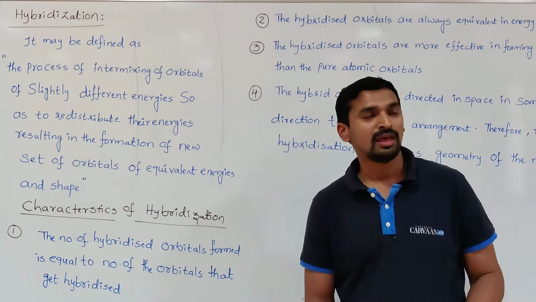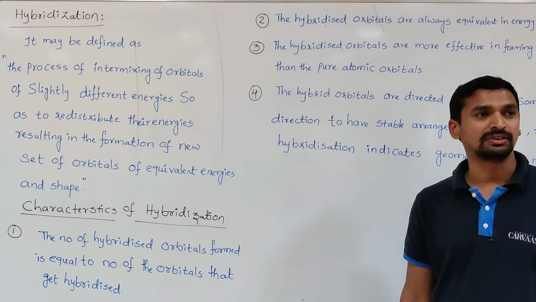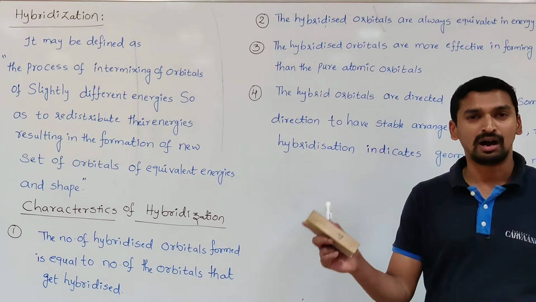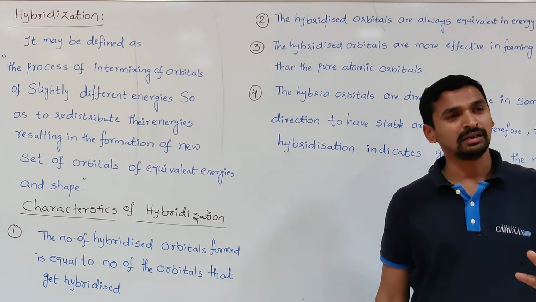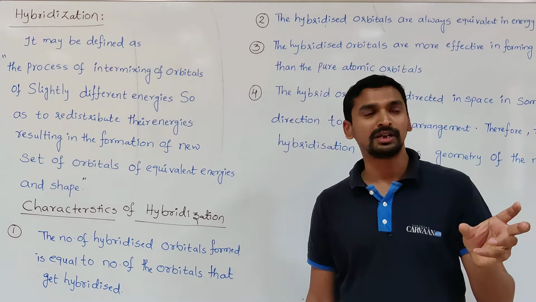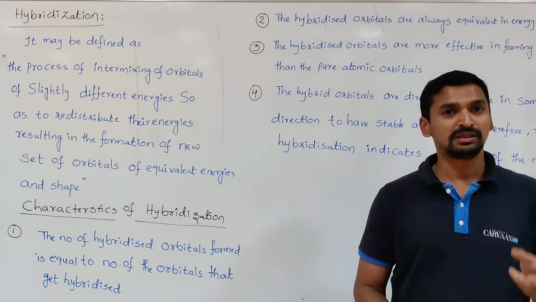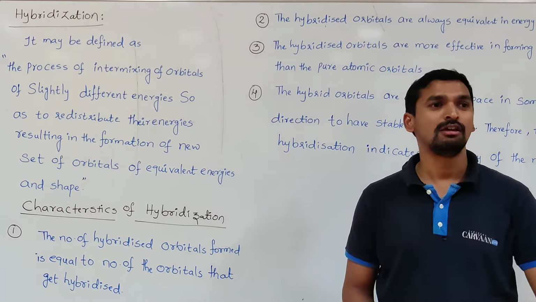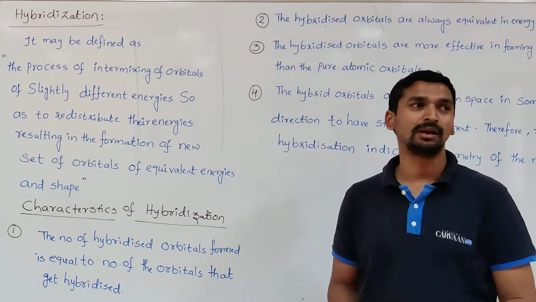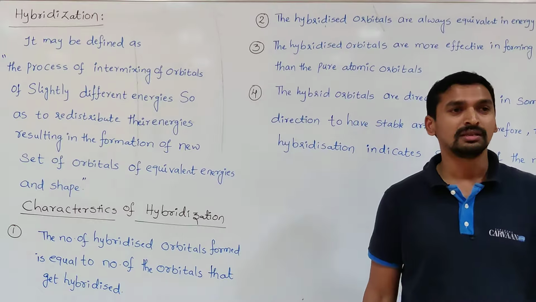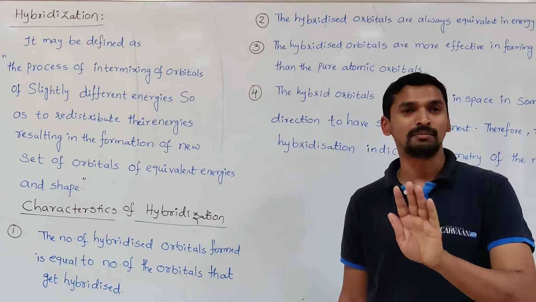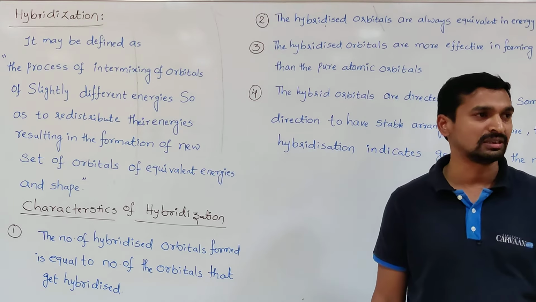That means if two atomic orbitals of slightly different energy are hybridized together, then two hybrid orbitals are formed. If three atomic orbitals are involved, three hybrid orbitals are formed. If four atomic orbitals are involved, four hybrid orbitals are formed.